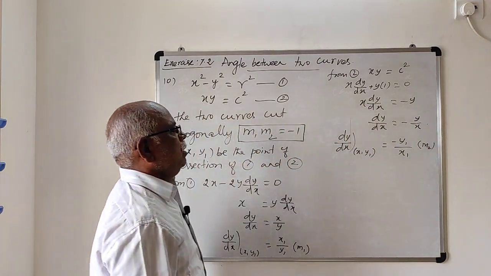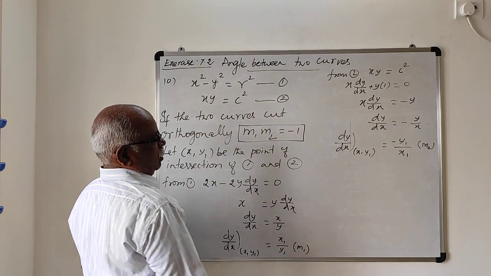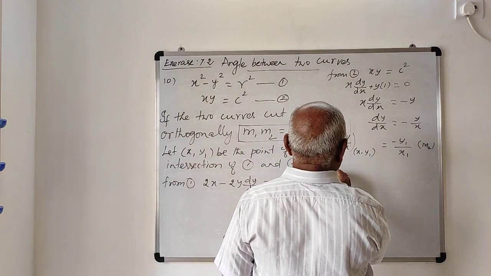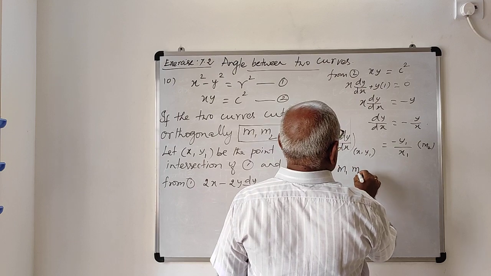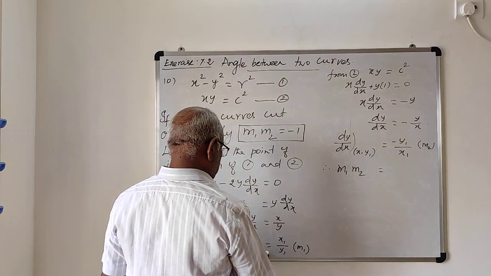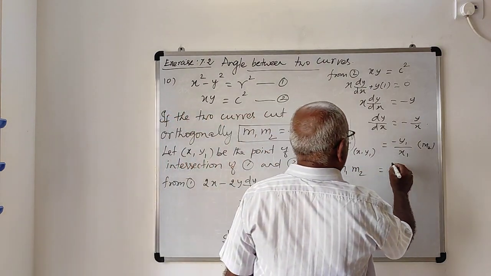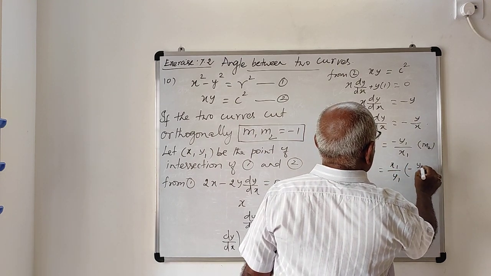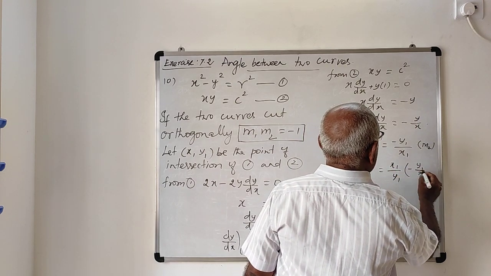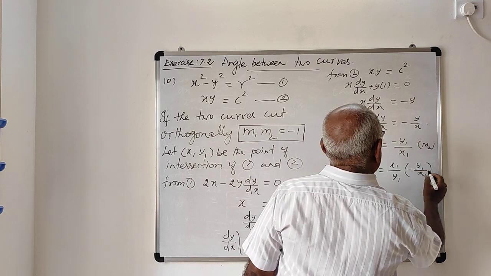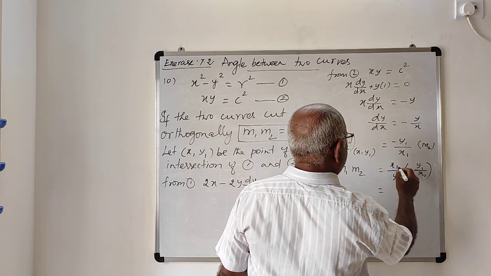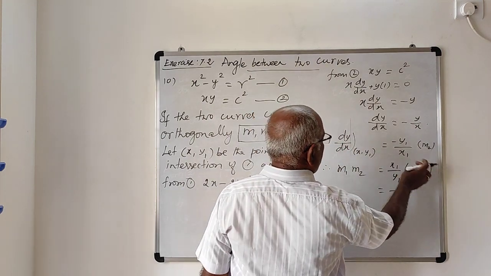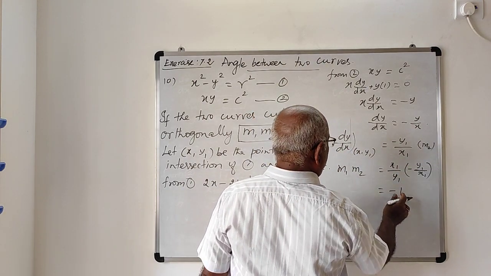So m1 is x1 by y1, m2 is minus y1 by x1. Therefore, product of their slopes, m1 into m2 equal to x1 by y1 into minus y1 by x1. Cancelling y1, y1 and x1, x1, you get minus 1.